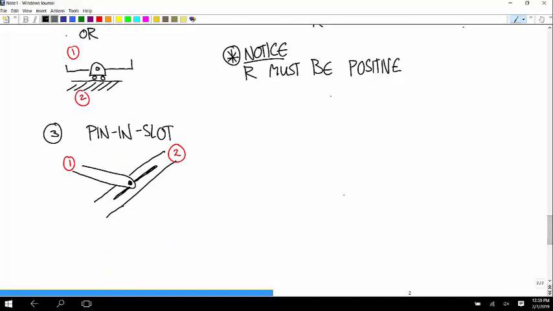Okay, so the pin and slot joint, free body diagram of body 1. So there's body 1. The slot is like this. And the force has to be perpendicular to the slot.